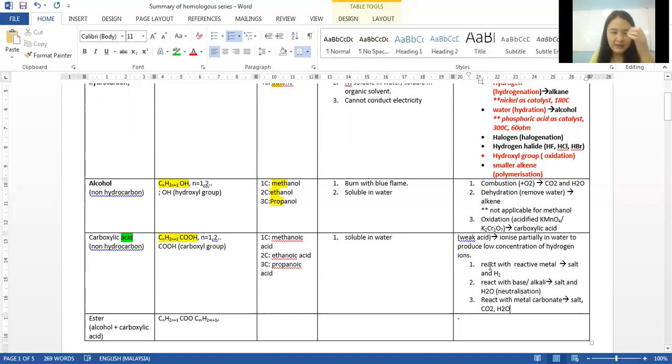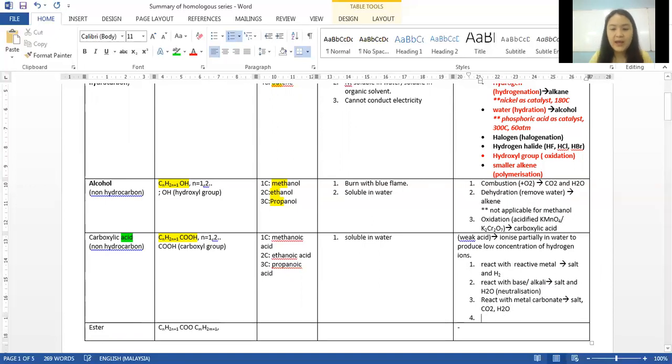So in fact, all types of acid, be it strong acid or weak acid, can have these three reactions: reaction with reactive metal, reaction with base or alkali, or reaction with metal carbonate. These are the three reactions that you have actually learned under the Form 4 syllabus. Now, besides these three reactions, carboxylic acid is also able to react with alcohol to form ester and water.